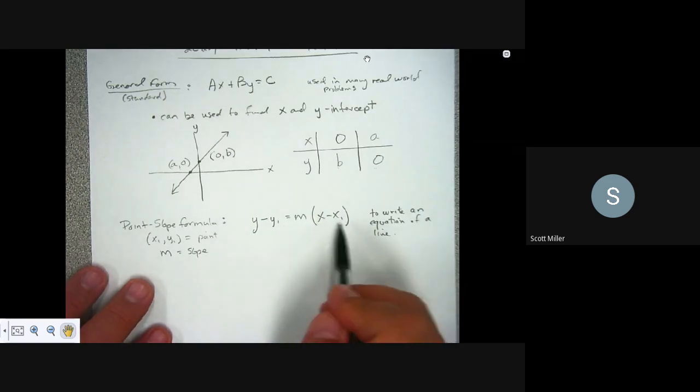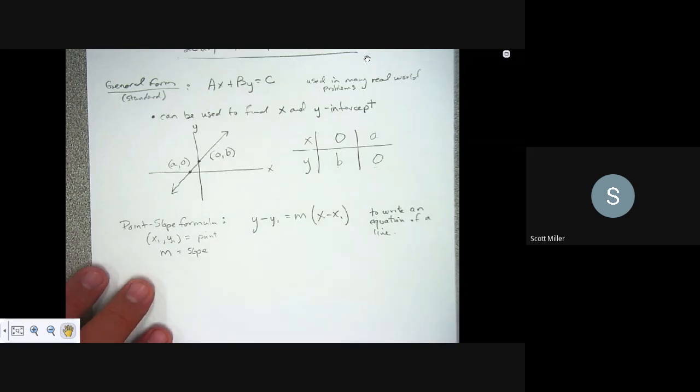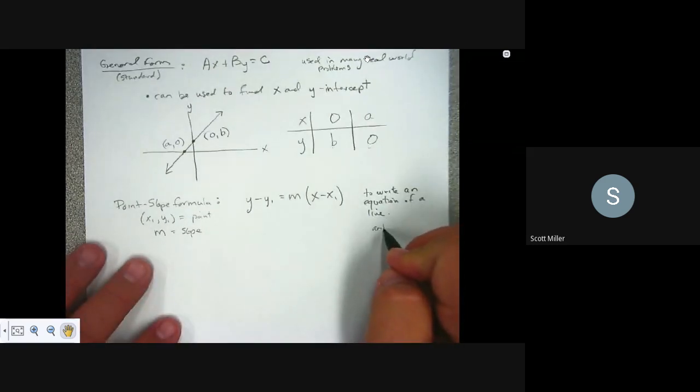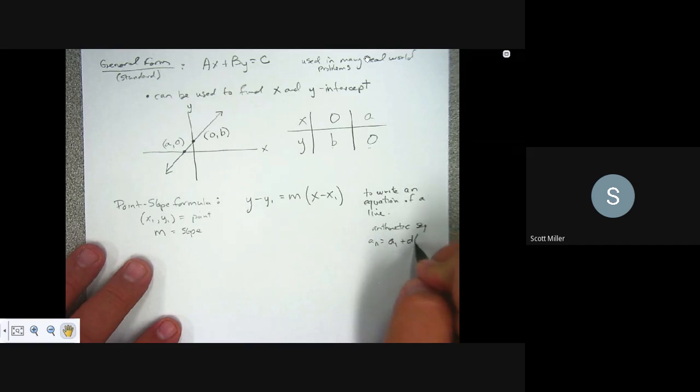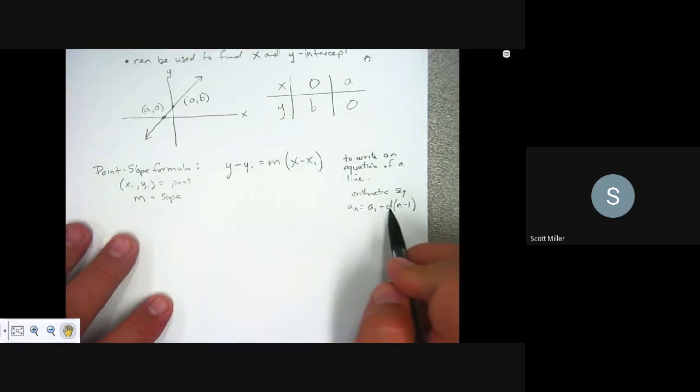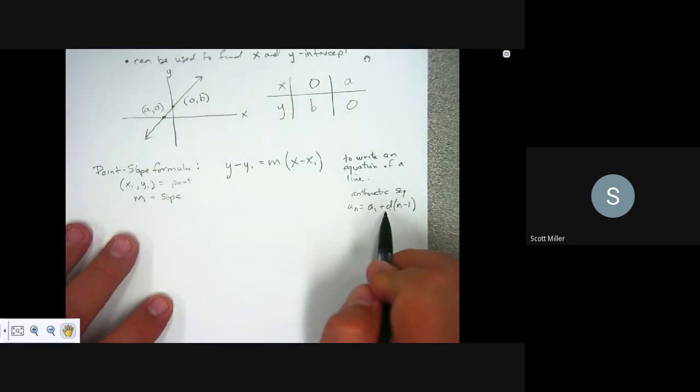If you look closely at it, it looks very similar to the formula we had for an arithmetic sequence. If you remember the arithmetic sequence, we used a sub n equals a sub 1 plus d times n minus 1. D was the common difference, so d and the rate of change serve the same purpose.